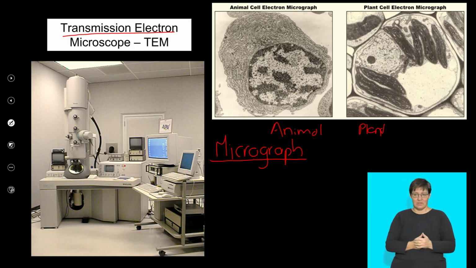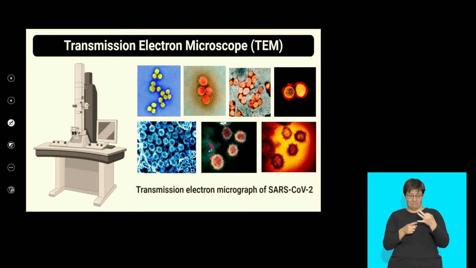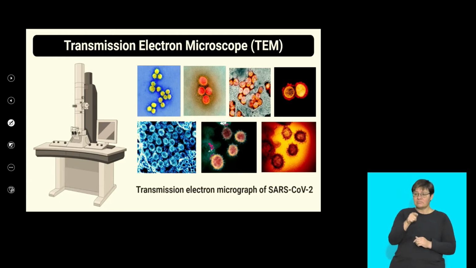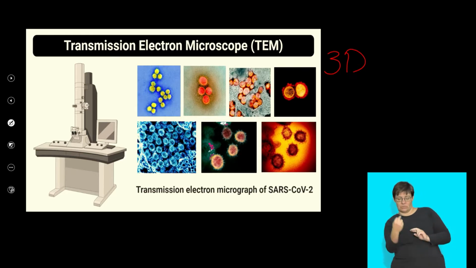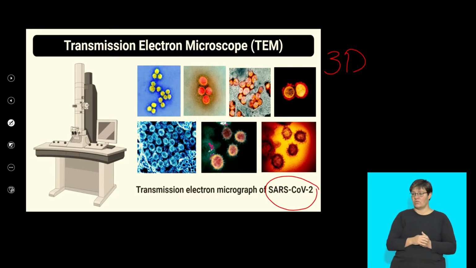Then the last microscope that we're looking at is called a transmission electron microscope. If you have a look over here, this is a microscope that shows us organisms in 3D. These organisms that we are showing here are part of COVID, the SARS-CoV-2 virus, the pandemic that we have.